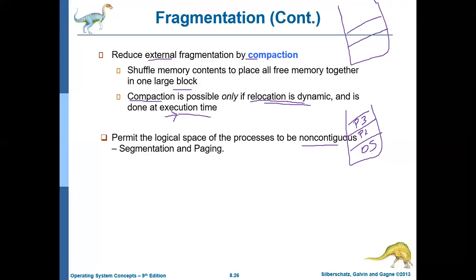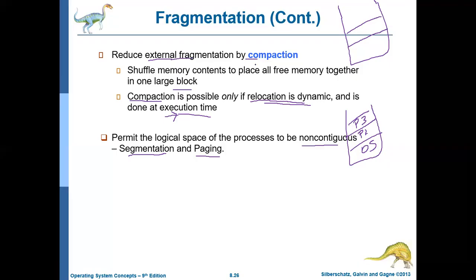So we'll be discussing two techniques for that: one is segmentation and the other one is paging. The rest of the entire topic will depend on this. These are solutions for external fragmentation.